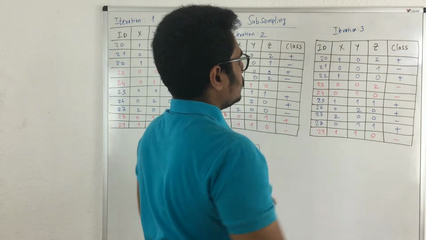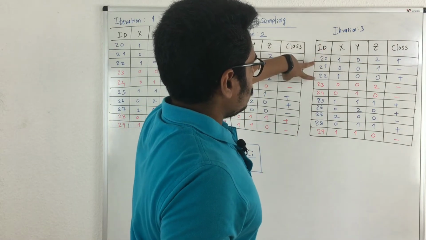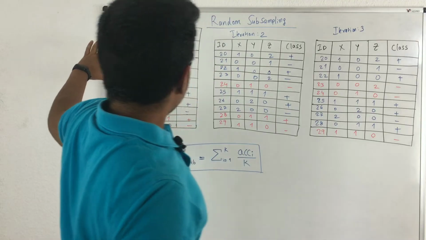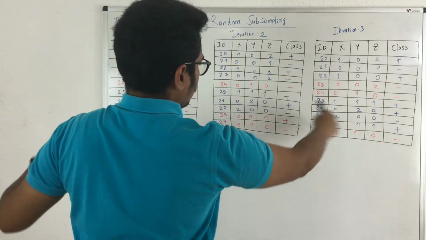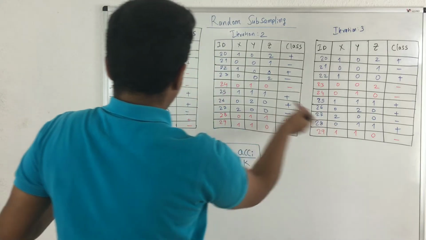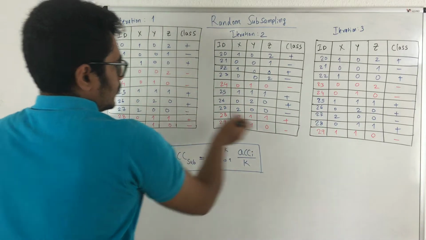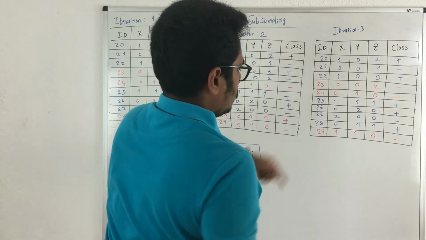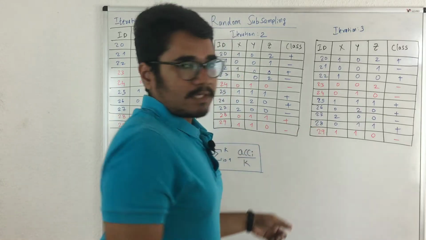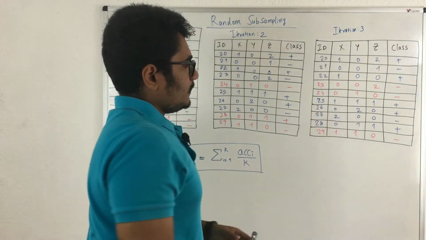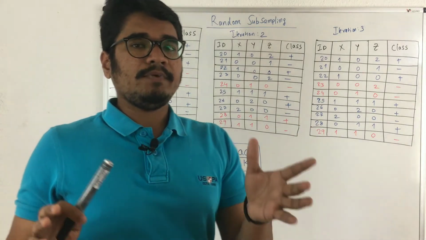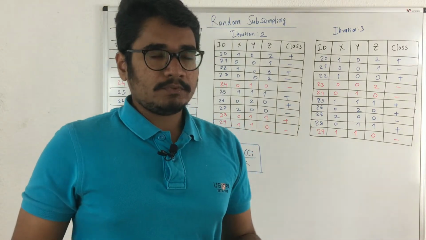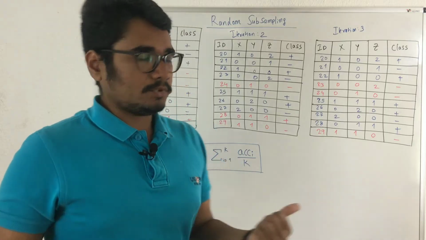Then for the third iteration, I have considered the very first records in the same way, and then I have considered the 28th sample, which was previously in the test data, in the training data now. So this majorly overcomes the problem of having the same data in both the training as well as the test set. This was one limitation that we saw in the holdout method, and it is mainly solved in this approach.